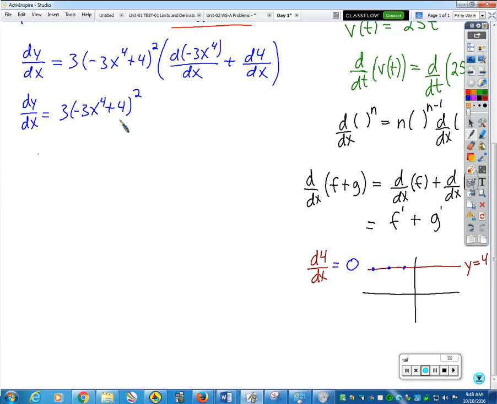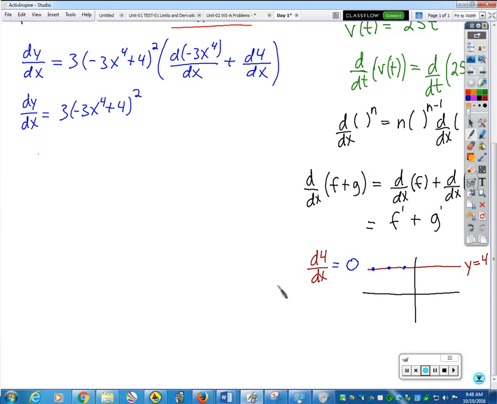So, questions? Please. If we go back to this one, the d of 4 over dx. Yes, d of 4 over dx means what's the derivative, what's the tangent slope at any point of the function y equals 4.